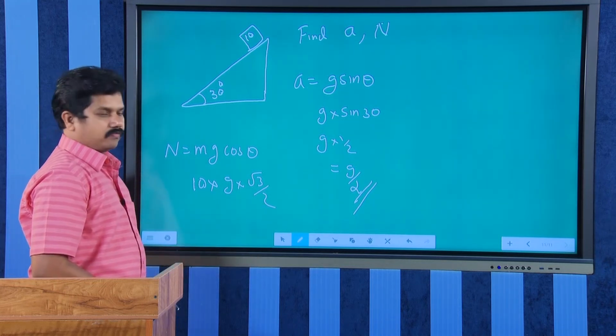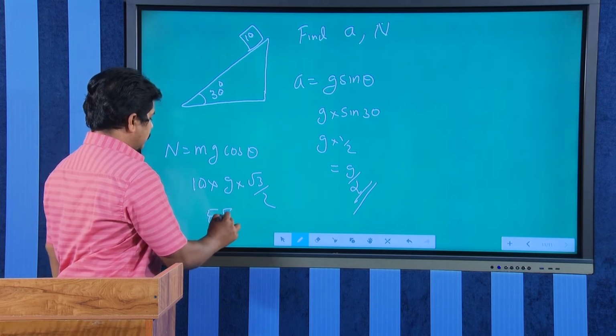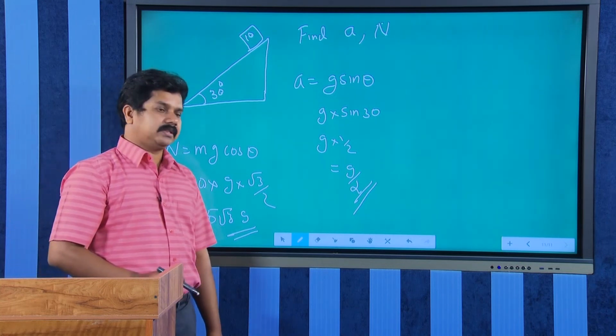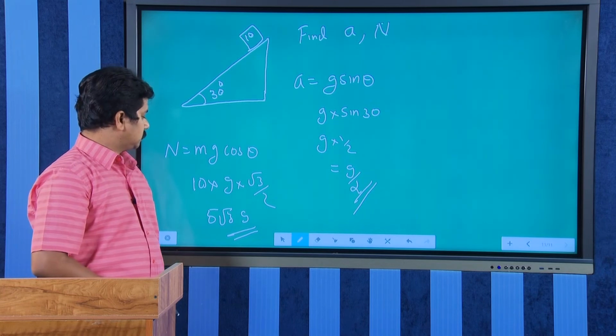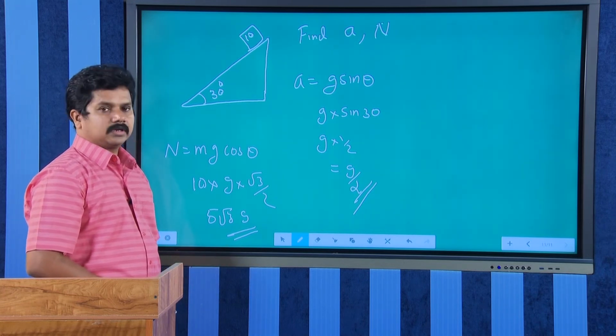So, that gives 5 root 3 g. That will be the normal reaction in this case. Clear?